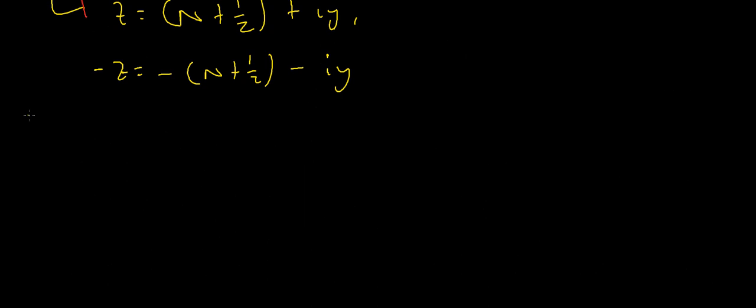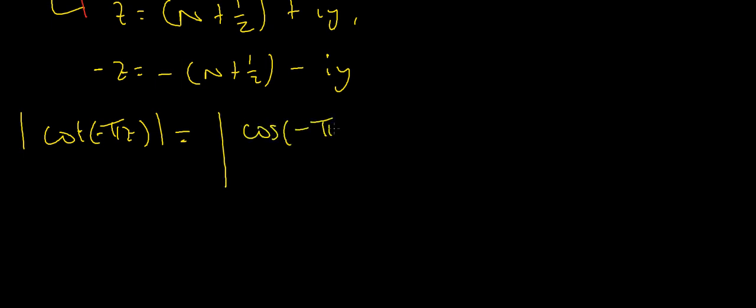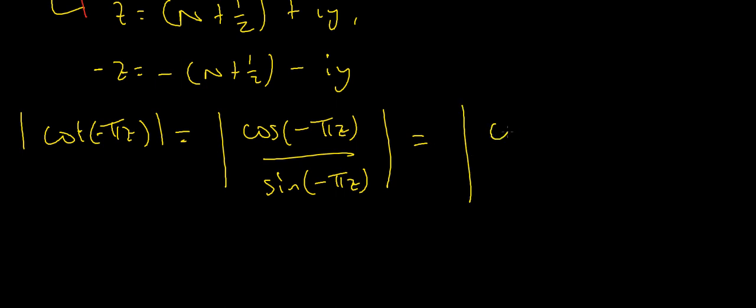And the reason is the following. I was looking at the modulus of cotangent pi z, or in this case minus pi z, and by definition of cotangent, that was just cosine of negative pi z divided by sine of negative pi z. But cosine is an even function, so this is the same as cosine pi z.